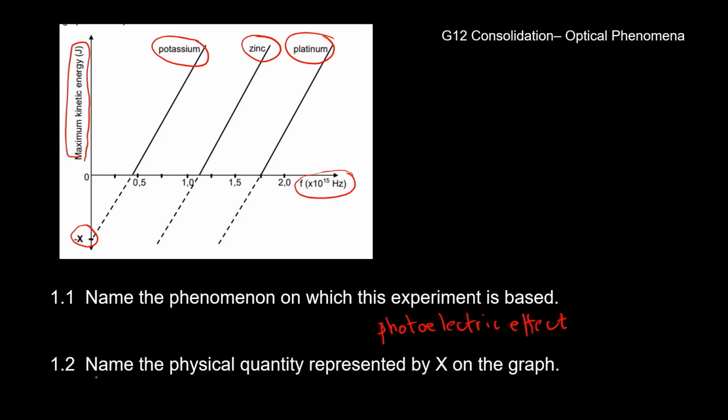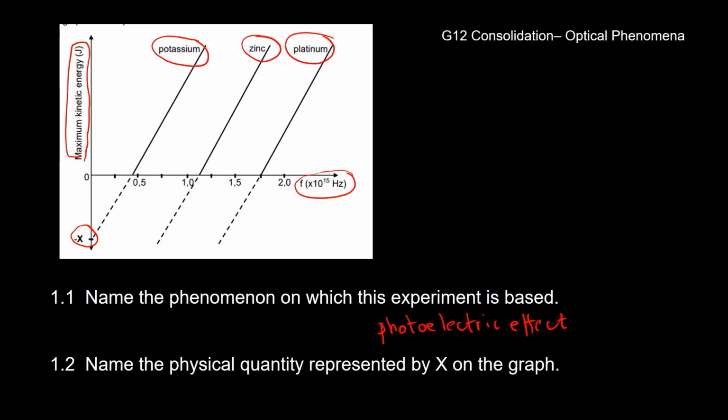Now, the next question is a tricky question. Name the physical quantity represented by x on the graph. So now we need to delve into our mathematics knowledge. When we're dealing with a straight line graph, you can remember, y is equal to mx plus c, that formula.